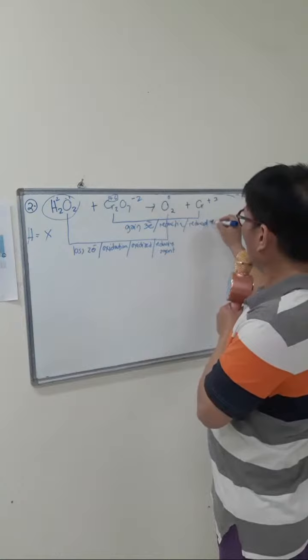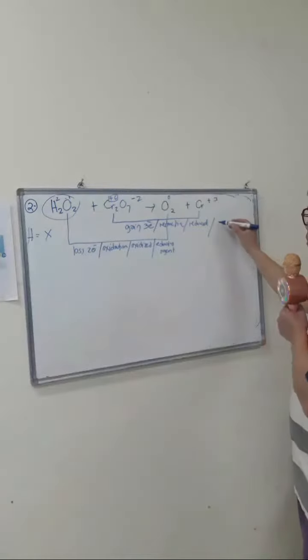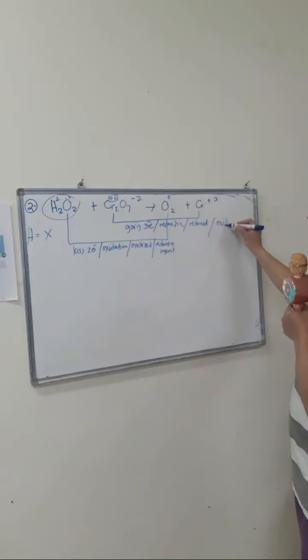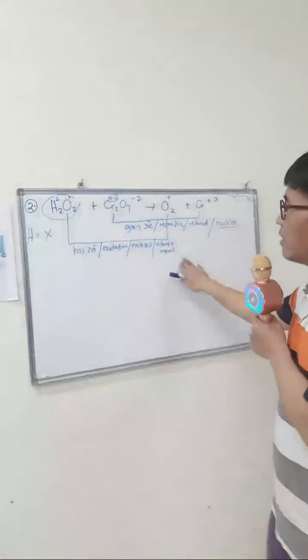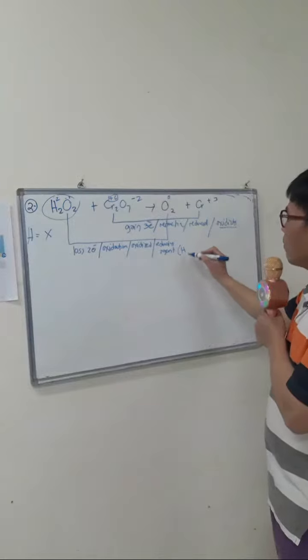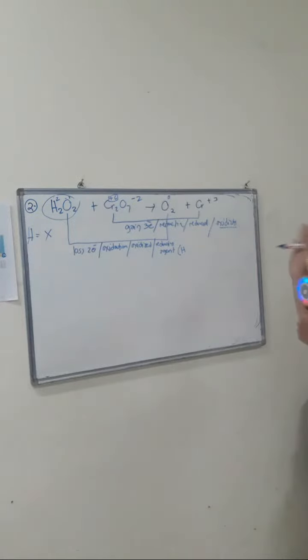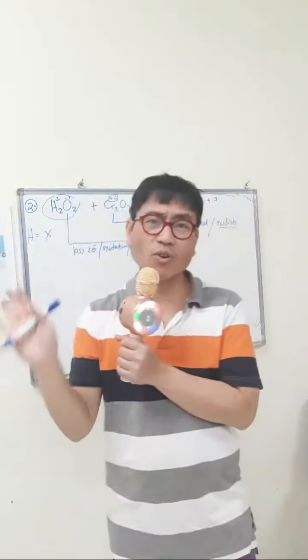Now your oxidizing agent is the dichromate. Or we can say also, in this oxidation, your reducing agent is the hydrogen peroxide. When you get the agents, you use the compound, unless you break that into your half reaction.